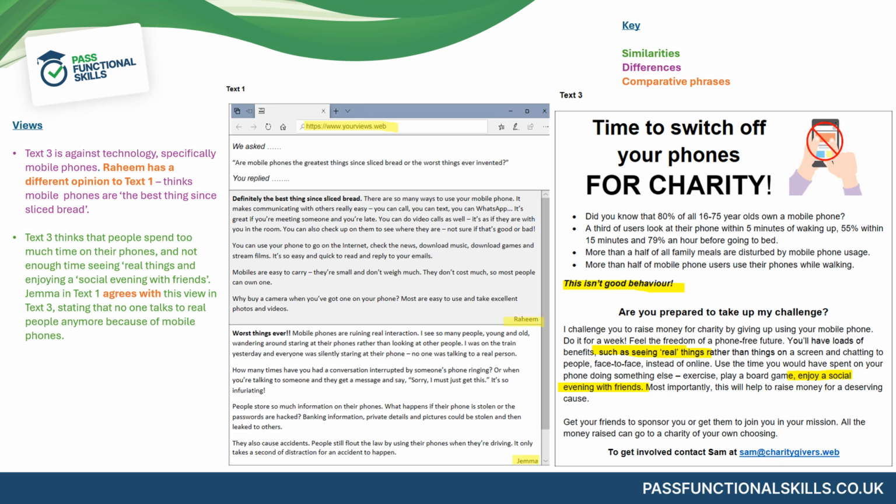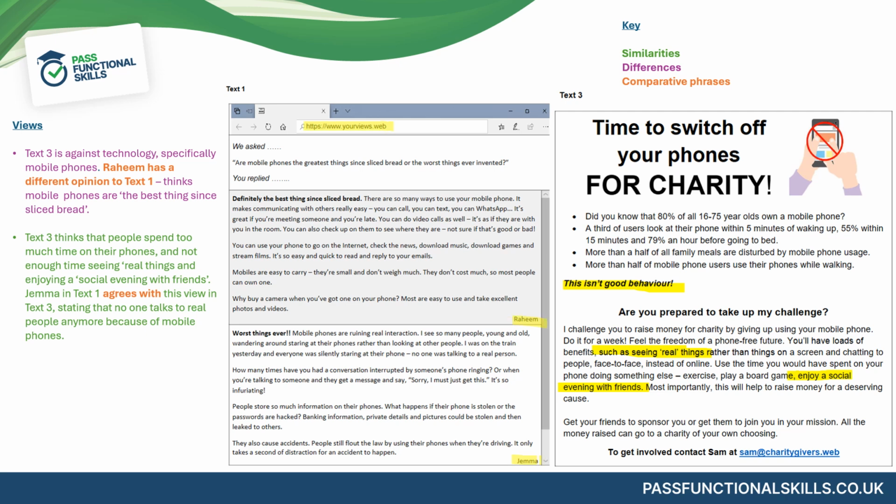So if you ever see a text like this, which is a discussion forum with different contributors, it's a good idea to summarise that there's different contributors and then pick out a point from both of the contributors, or a few of them if there are more than two, in order to show the examiner that you are aware of the opposing or different views in the same text.